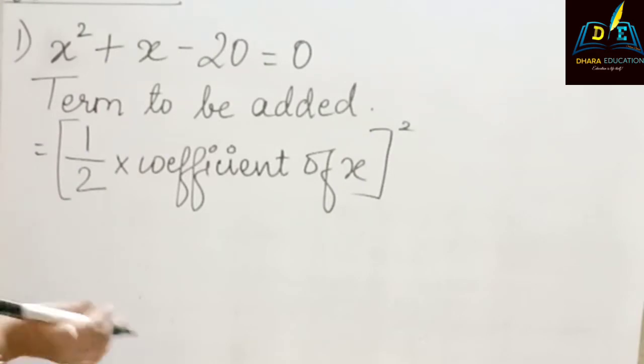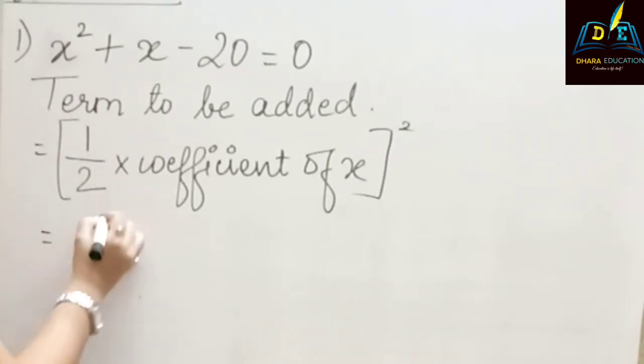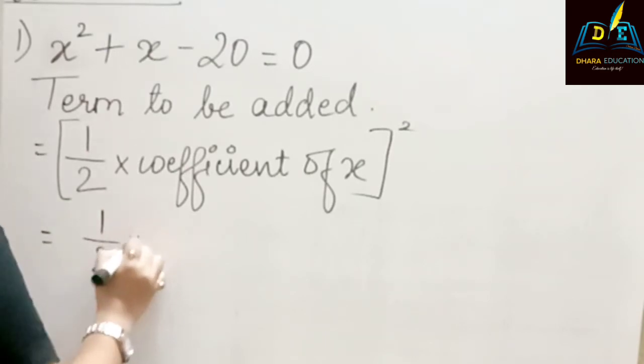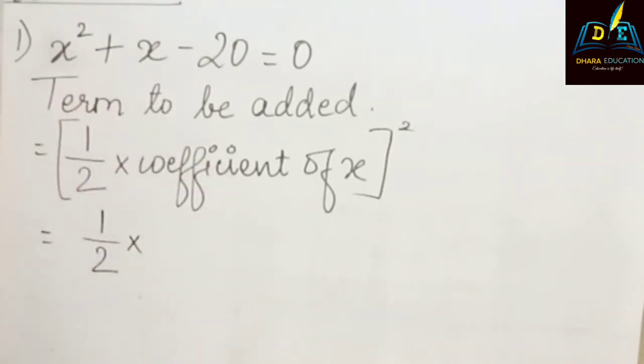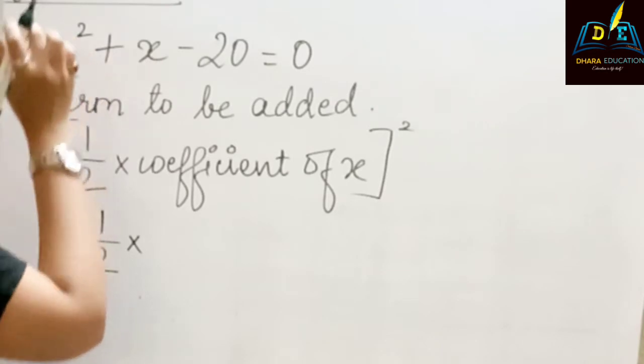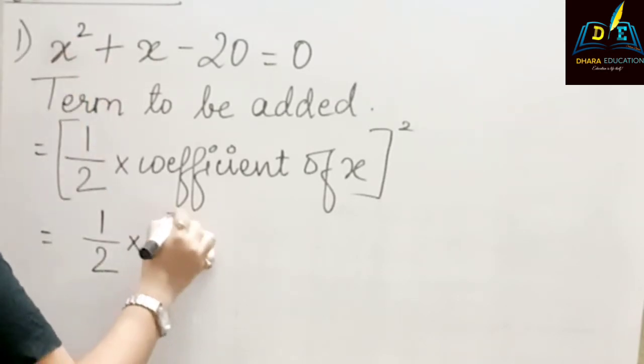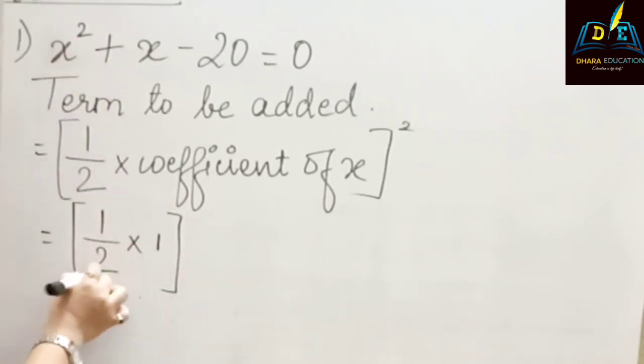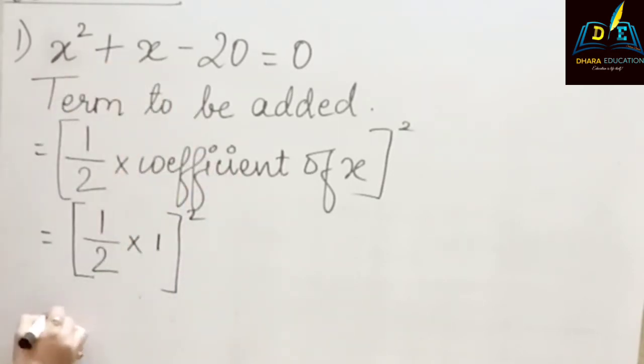Okay, so now how you need to solve this? It is equal to half, which will be as it is. So what is the coefficient of x over here? The coefficient of x is 1. So we just need to take 1 the whole square. And then what will be the answer?